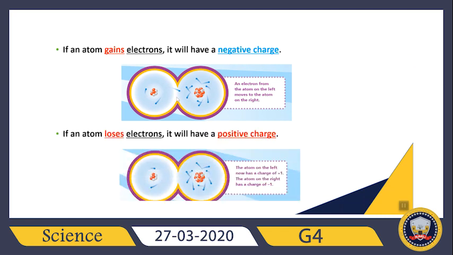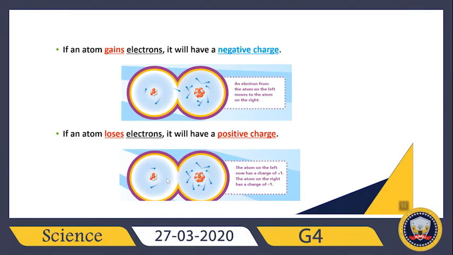After the escape of this electron, the number of electrons becomes only 2, so it loses one electron, while the number of protons is still 3: 1, 2, 3. But the electrons became 2, because one of them escaped to the other atom.